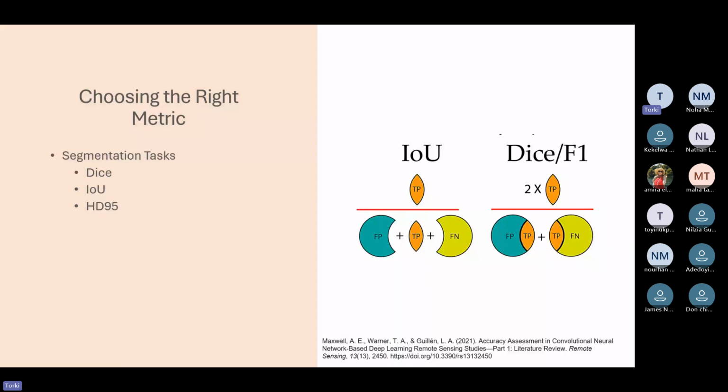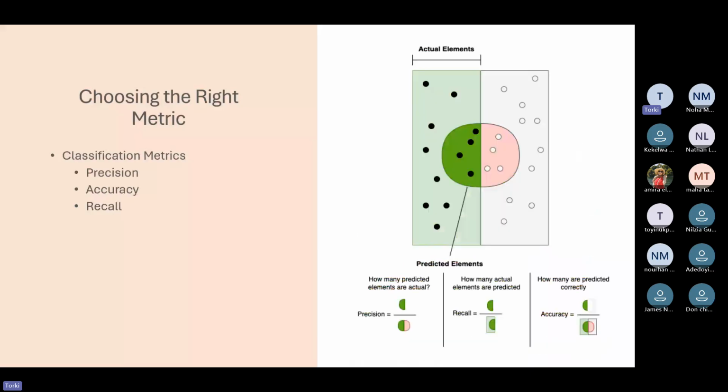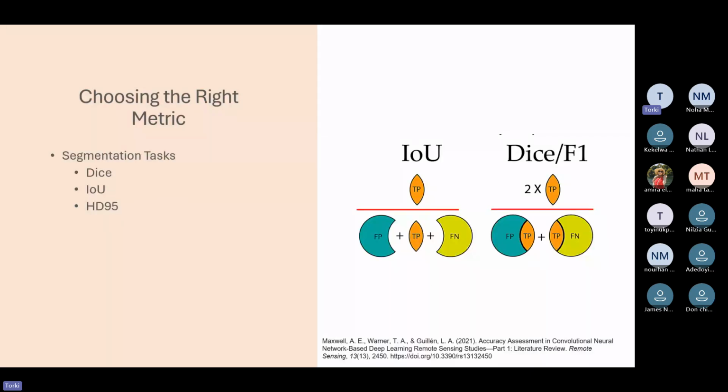But we also might need to work on the quality of the boundary: the boundary of the mask that you are computing and the boundary of the ground truth mask. Here we use HD95, which refers to the Hausdorff distance. The Hausdorff distance is computed between 2 point sets. We have point set number 1 and point set number 2.